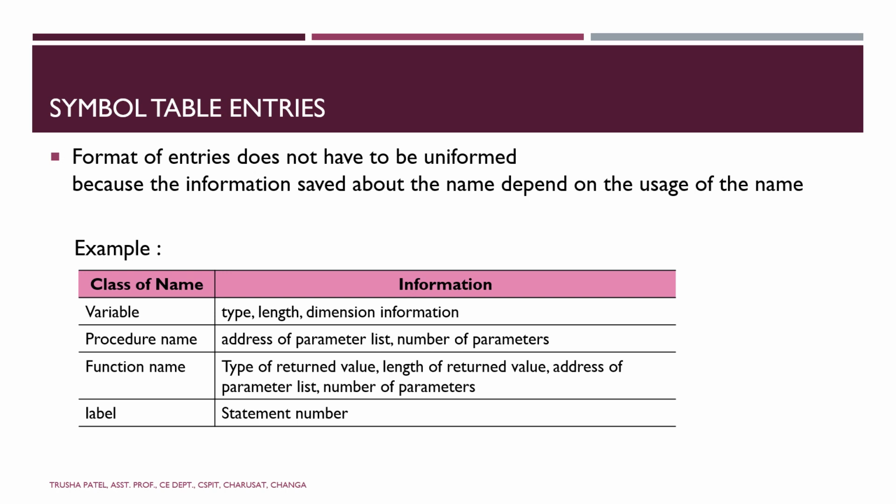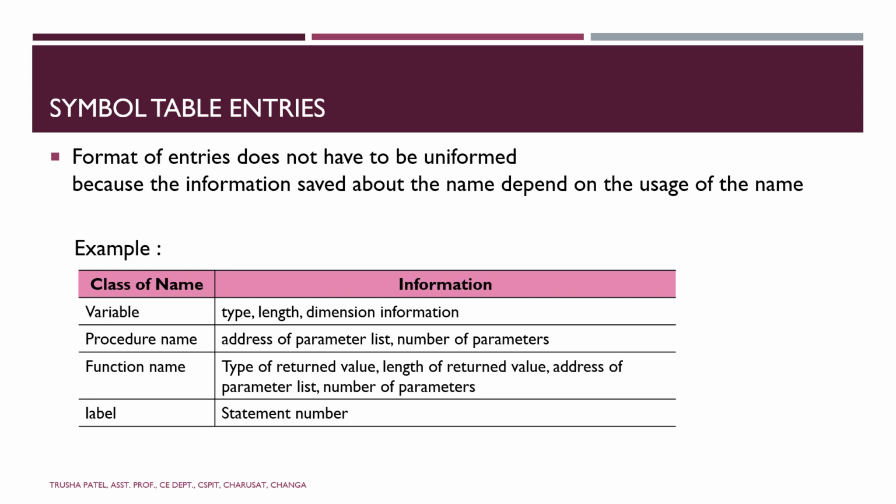While in case of a procedure name, we may like to save the address of the parameter list, then the names of the parameters. Next, if we are going for a function, we would also like to keep track of the return value, the length of the return value, the address of the parameters, and the names of the parameters.